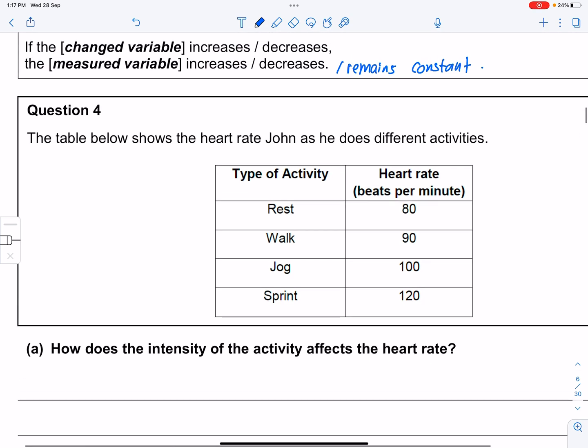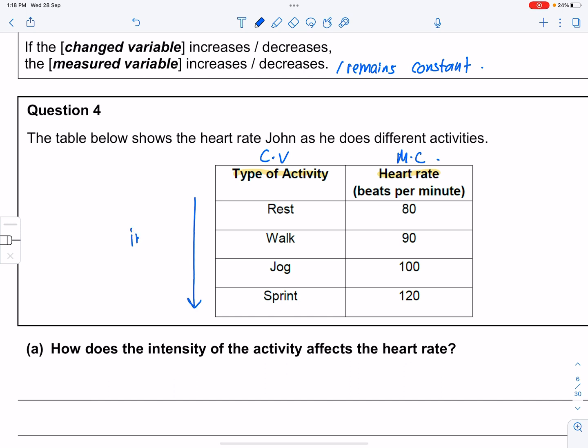So let's take a look. The table below shows the heart rate of John as he does different activities. So the type of activity here, this is actually your changed variable, your CB. And your heart rate over here would be your measured variable. Now remember, I told you, you should actually draw arrows to show you how you read.